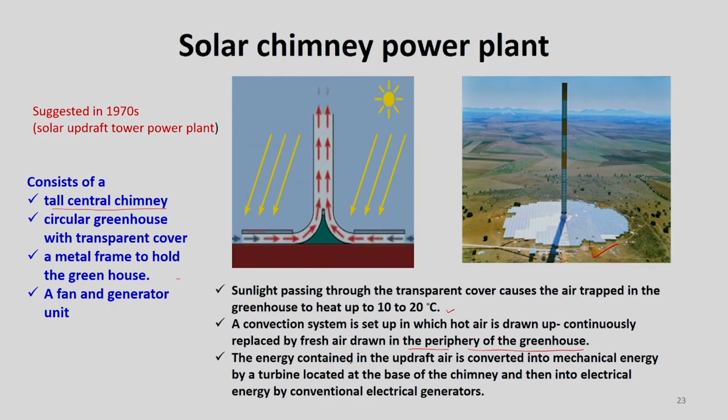The energy contained in the updraft air is converted into mechanical energy by a turbine located at the base of the chimney, and then into electrical energy by a conventional electrical generator. So, we can generate electricity from solar energy.